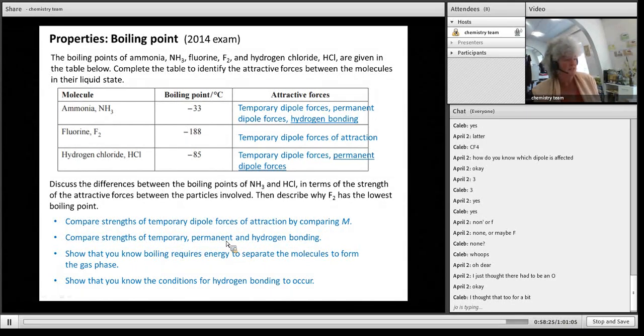So what the factors affecting them are and so on. And have all those things. So the conditions for hydrogen bonding, so it'll only occur in ammonia. And then, of course, the whole point of boiling point is the energy needed to break those intermolecular forces to separate the molecules in order to turn it into a gas. So show that this energy is to separate the molecules.